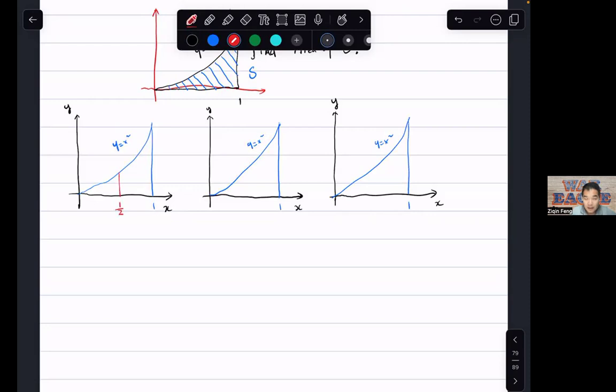Using the left endpoints, you get rectangles. On the right side, we get this rectangle. On the left side, you get this rectangle, whose area is 0, which is just a line segment. Using the right endpoints, you can get another set of approximations, so the area of this and the area of this.